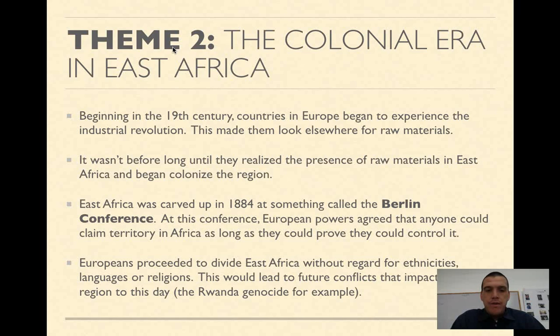And when the Belgians pulled out in 1960, these tensions remained between the ethnic groups, and in 1994 it boiled over and resulted in about 1 million people being killed, ethnically cleansed. And you can trace that back to colonialism, so it's serious, the impact of colonialism on East Africa to this day.